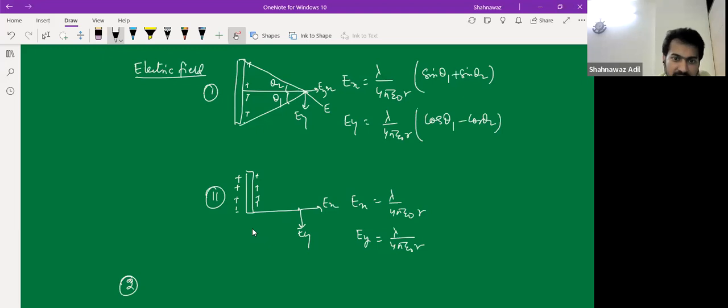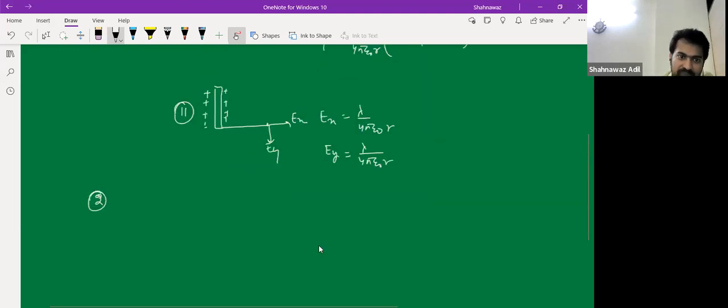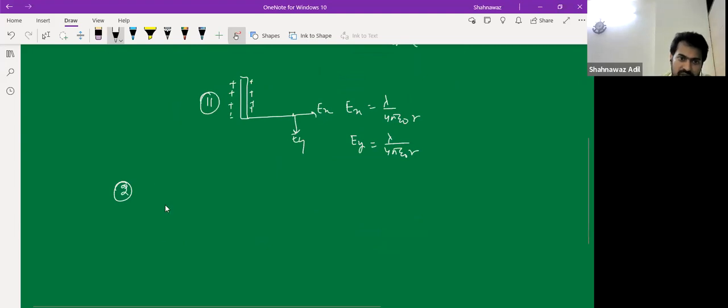And then we calculated the electric field due to this ring charge, at a point which is x distance from the ring, where the radius of the ring was a.